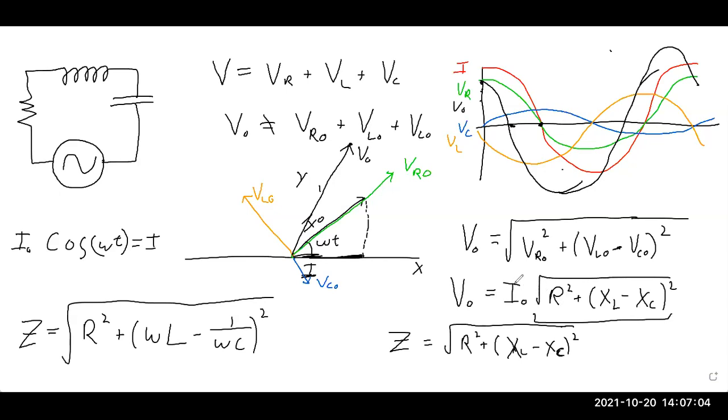So this V equals I naught would just be V equals I naught Z. So once you do all the work to find this impedance, you've got a current voltage relationship. However, they're not necessarily in phase with each other, so you can't use it for instantaneous values.